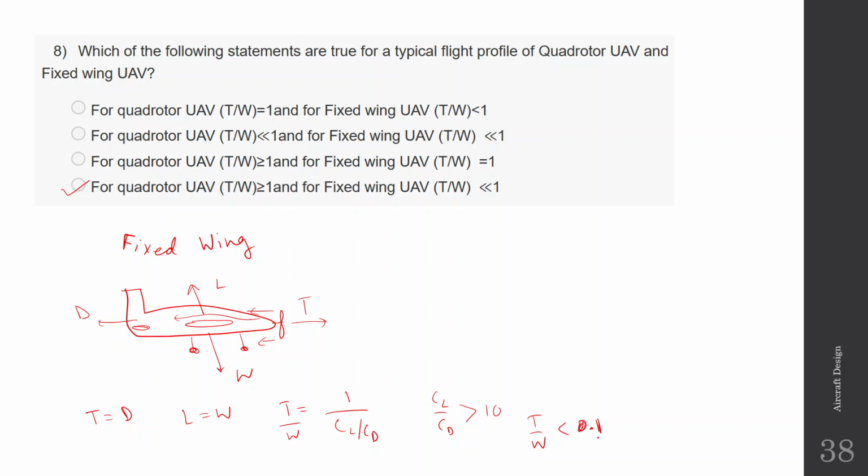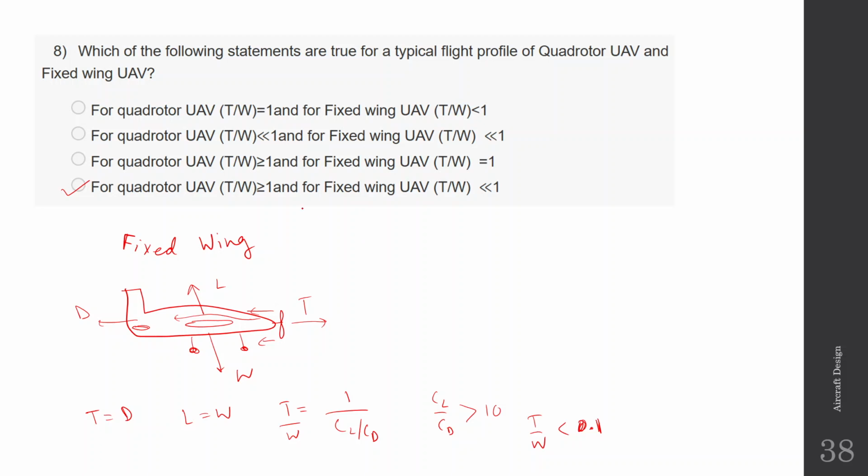So if your aircraft weighs 100 kg, even if your engine produces only 10 kg of thrust, it can lift the aircraft.